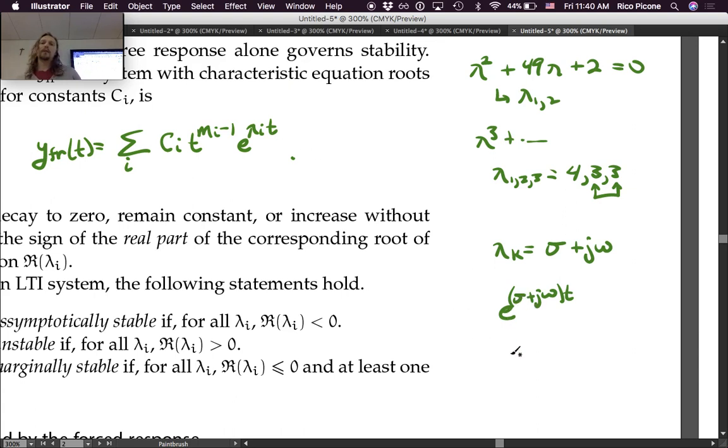Well, you guys remember the property of exponentials that allows you to rewrite this as e to the sigma t times e to the j omega t, right? Because when you multiply two exponentials, you just add their exponents, so you can also split them up by doing that in reverse. Wouldn't it be sigma t? Yes, sir, it would be sigma t. Excellent. Good catch. Let's say I was testing you.